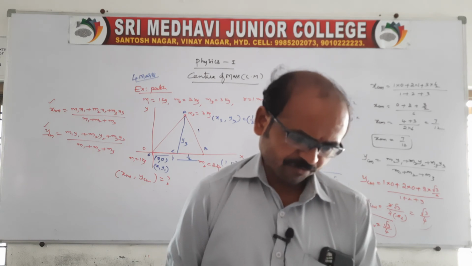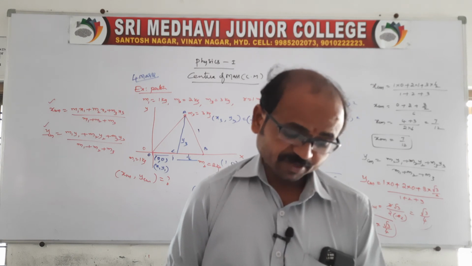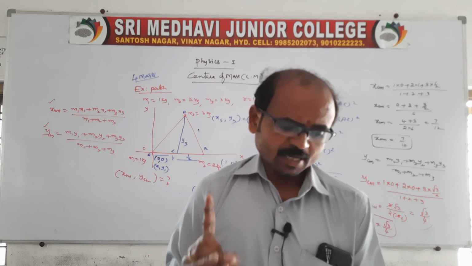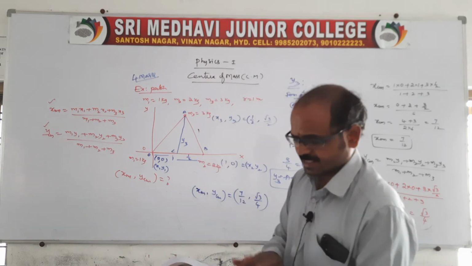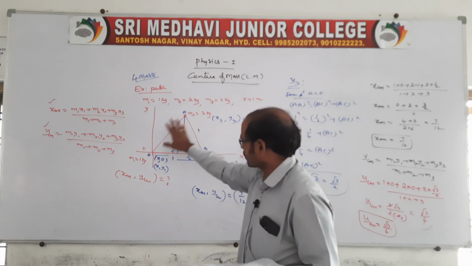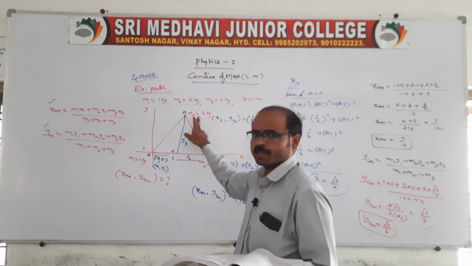Page number 153. So example problem number 1 on page 153. Everything is the same, just simple changes are given. Here in this problem, 3 particles of masses 1 kg, 2 kg, 3 kg are given.